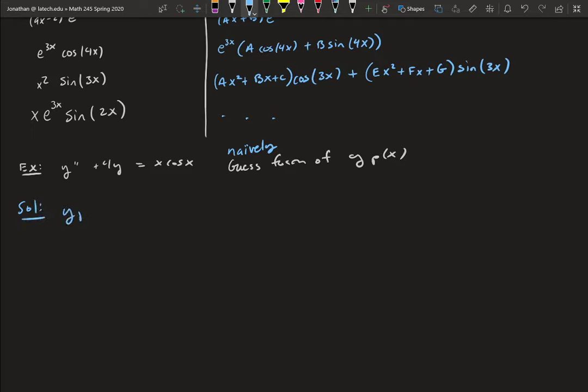So we would just guess yp of x is going to be ax plus b times cosine x plus cx plus d times sine x.